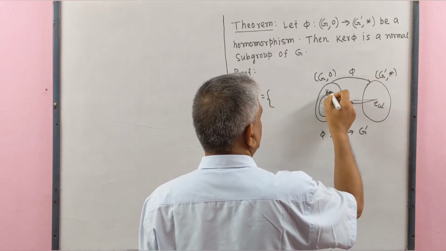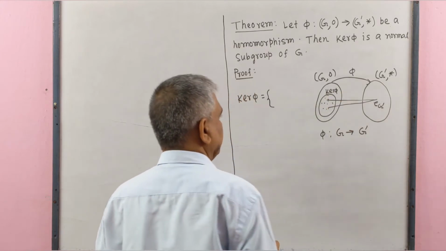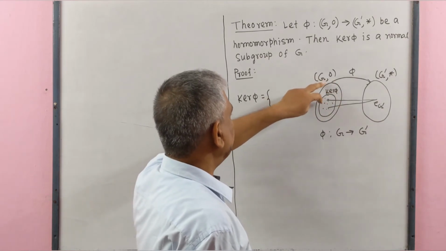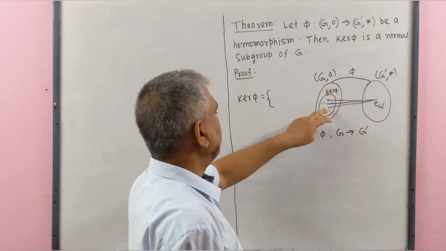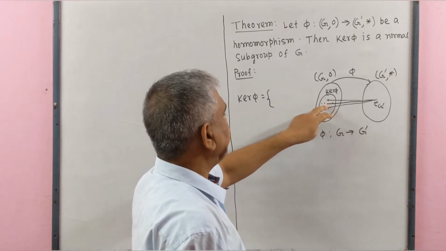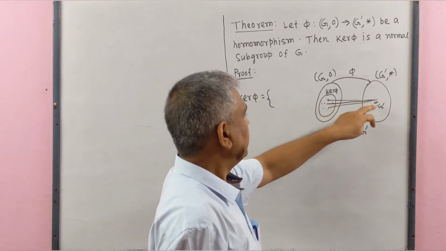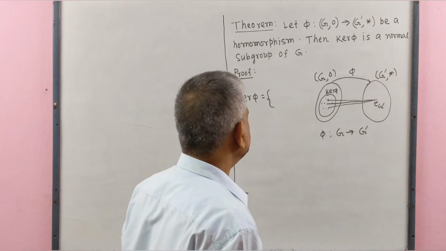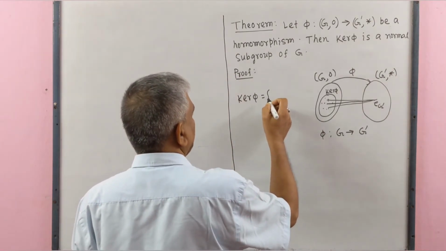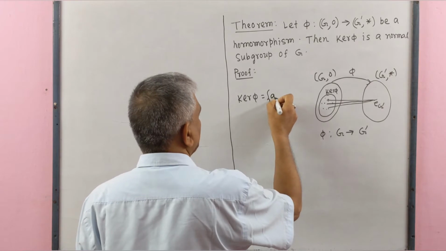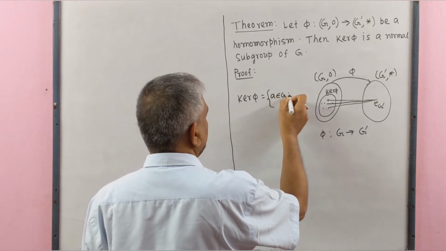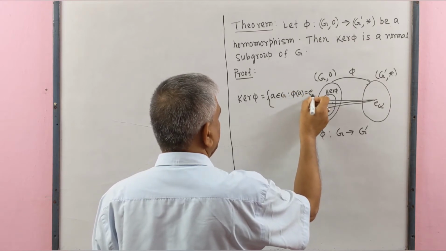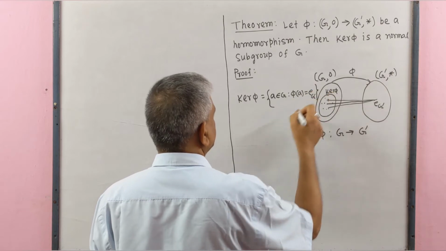This is ker phi. It means ker phi contains all those elements of group G in which the image of each element of this set is the identity element of G'. Ker phi contains all those elements of group G such that phi(a) equals the identity element of group G'.